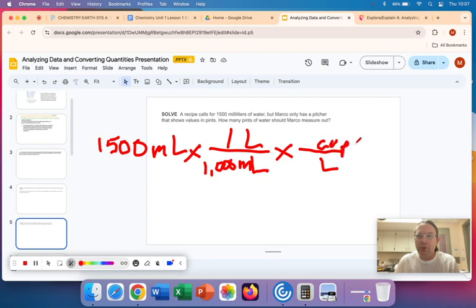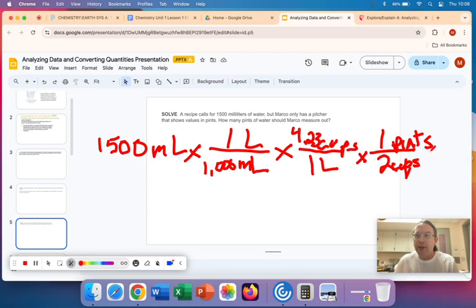I think it was 4.23. I don't want to go back because it'll erase everything. So 4.23 cups. Cancel, multiply, divide, and then relate cups to pints, and I think you'll have your answer. And I think that equality was that 1 pint was 2 cups. Okay, so please put what you get for this problem.